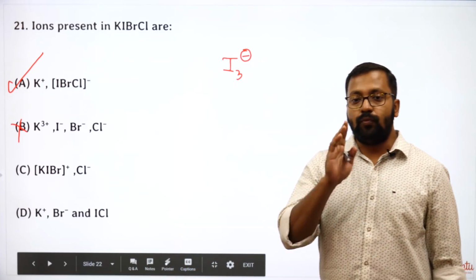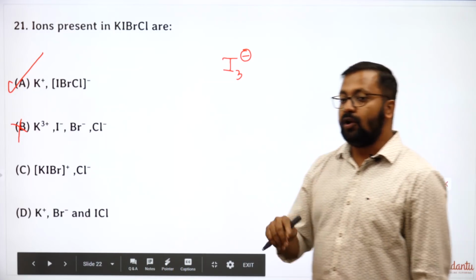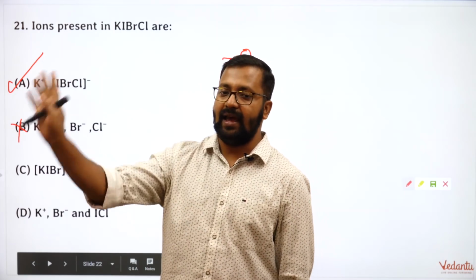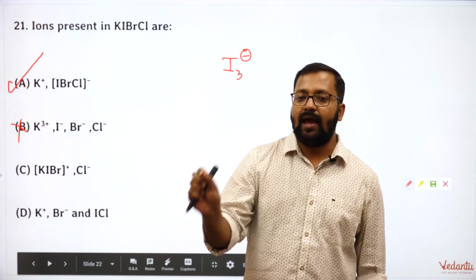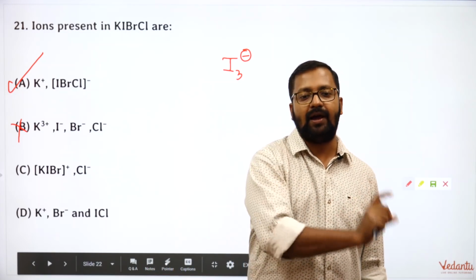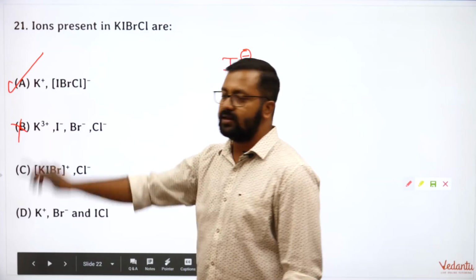So if there is more than 1 halide then it will always be a polyhalide anion. Not 2 halides will be produced, a polyhalide ion will be produced. So the right answer is A.